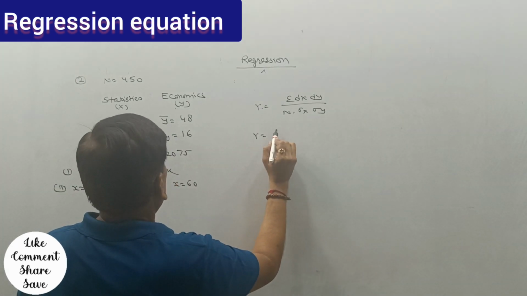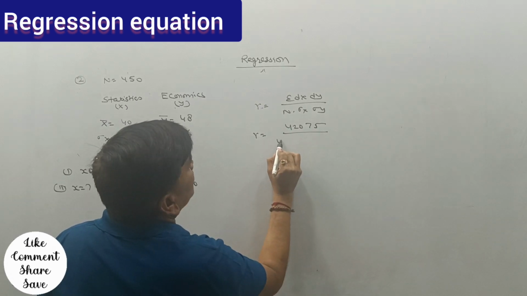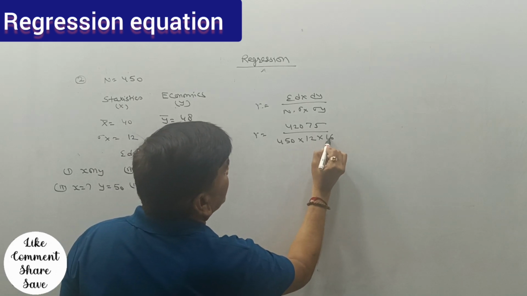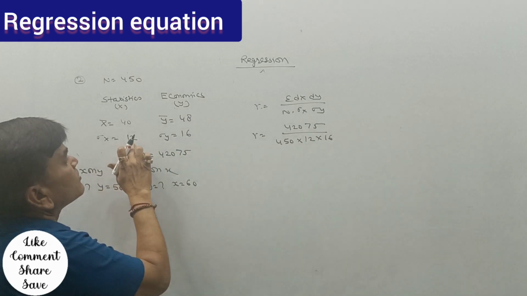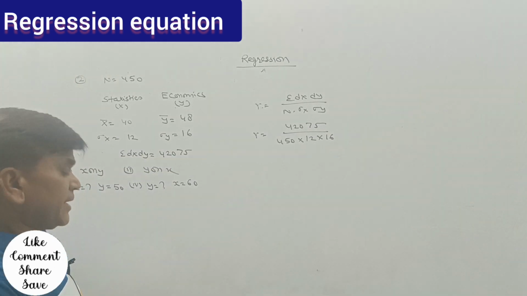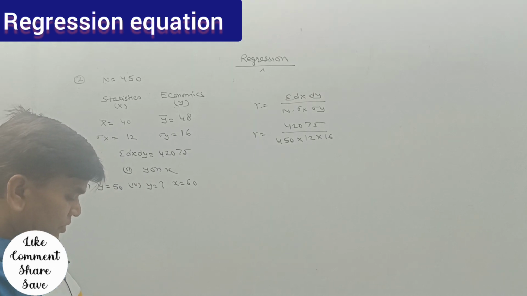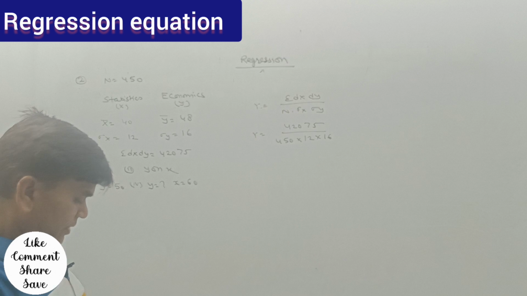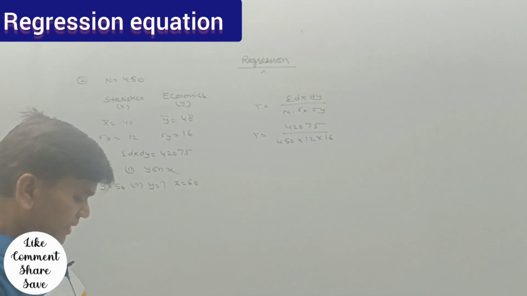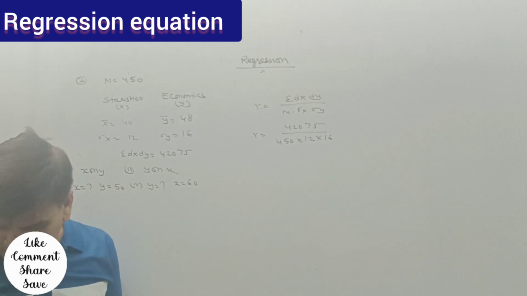By putting this in, the value of r may be calculated. R is equal to 42075 divided by 450. Standard deviation of x is 12, standard deviation of y is 16. So by calculating 42075 divided by 450, again divided by 12 and again divided by 16, we are getting 0.4869.